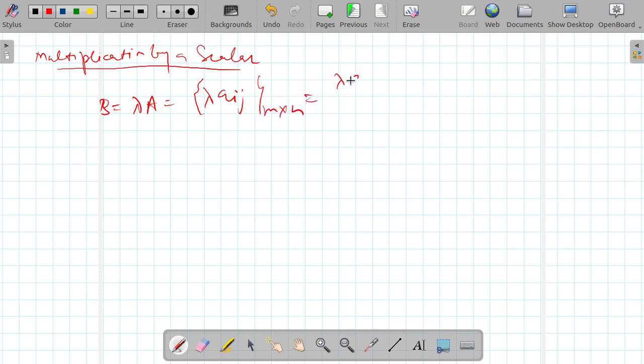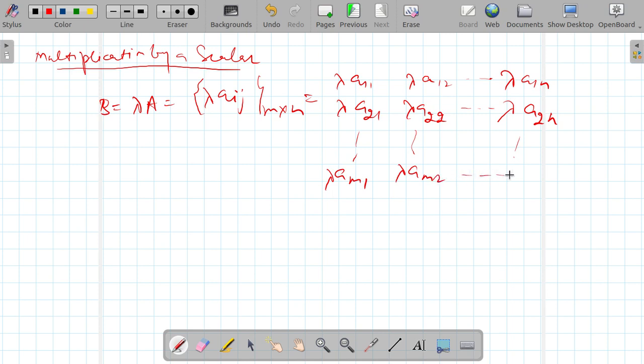So it is lambda A11, lambda A12, and lambda A1n, and lambda A21, lambda A22, and so on, lambda A2n, and so on, lambda Am1, lambda Am2, and so on, lambda Amn. So this is the way we define matrix multiplication by a scalar.